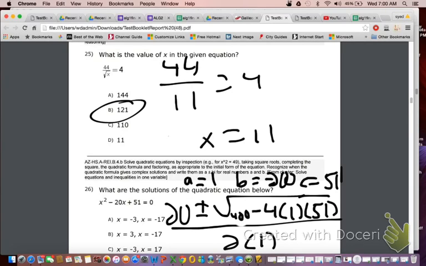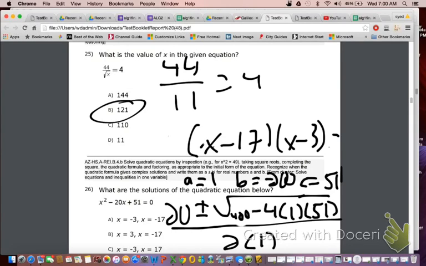Or you could just factor this out. Something's going to work there. You can get this. Right, and then you get 17 and 3. Okay, so not too bad.